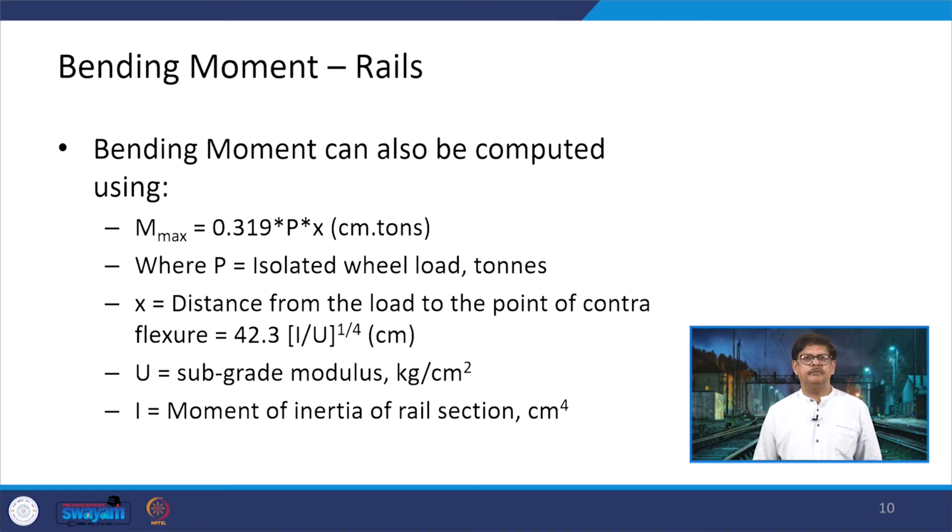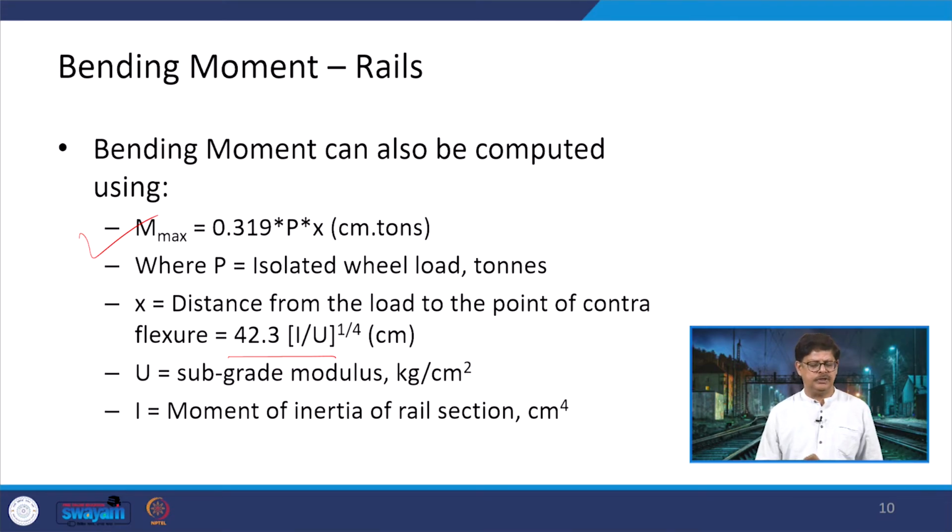Now, that is one of the formulas we have seen for the bending moment. Another formula which can be used is 0.319 into P into x, where P again is an isolated wheel load in tons and x is the distance of the load from the point of contraflexion, and this distance is calculated using the equation 42.3 times the fourth root of I by u, where u is the subgrade modulus and I is the moment of inertia of the rail section.